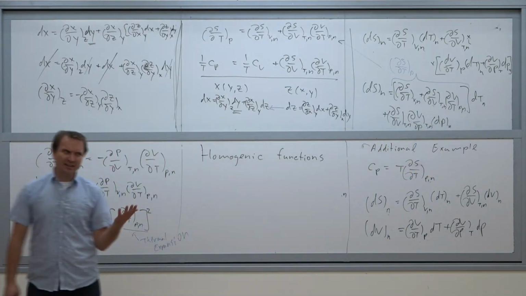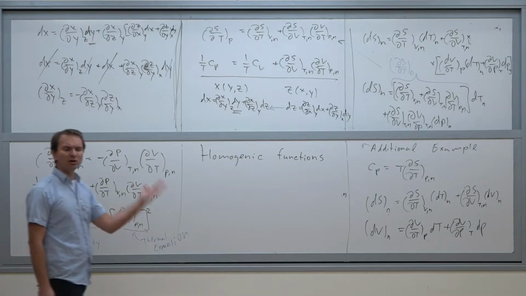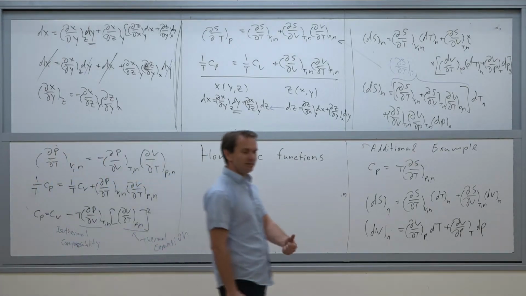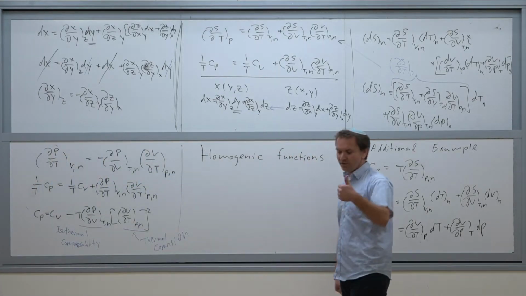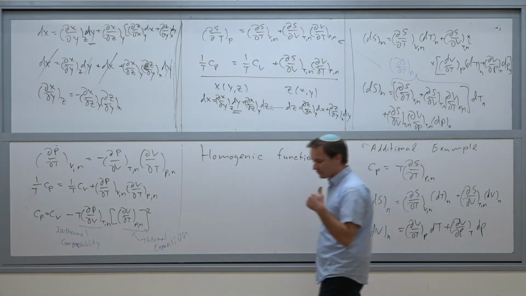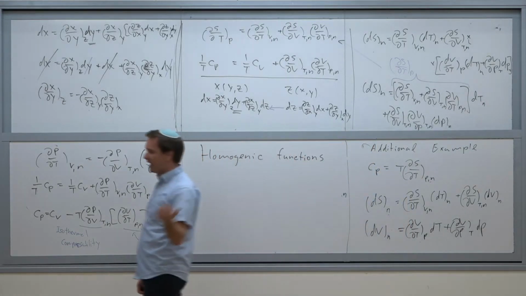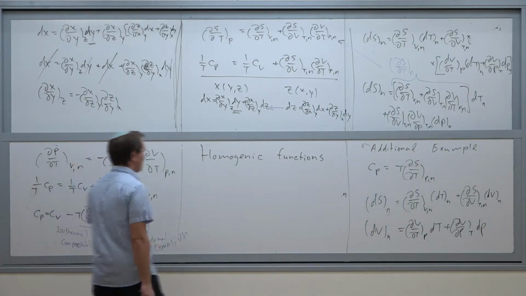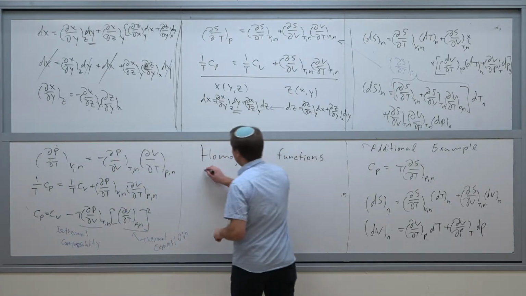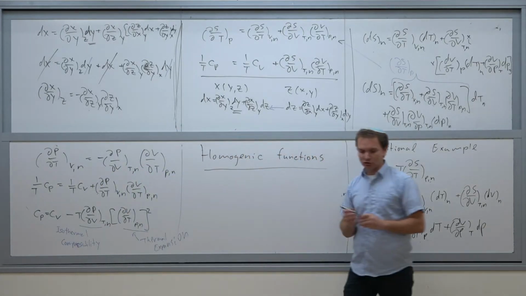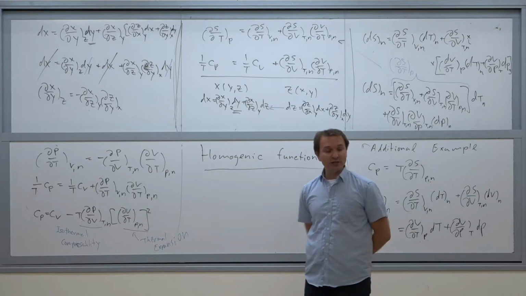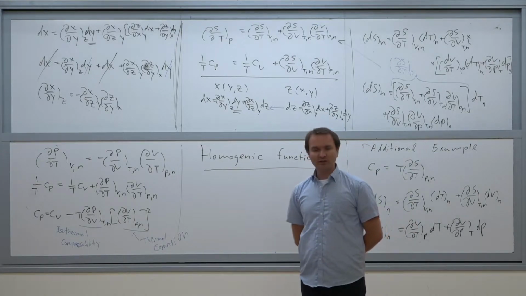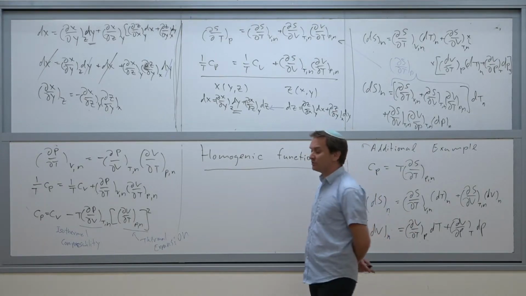But this only gives us relations between different partial derivatives. It does not define for us what is the energy of the system, or the free energy, or the enthalpy. But if our functions were homogenic functions, actually the knowledge of partial derivatives is sufficient.